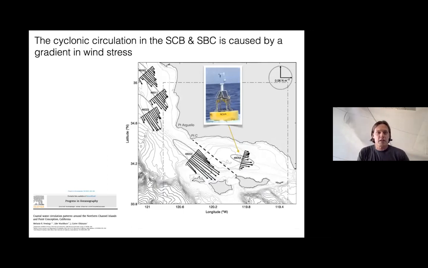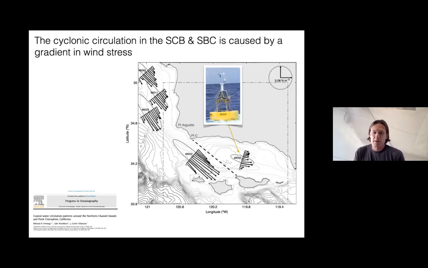We know that this cyclonic circulation in both the Southern California Bight and the Santa Barbara Channel is caused by a gradient in wind stress. This is illustrated in this really beautiful image from Melanie Fewings' paper in 2015, where the points show monthly averages of wind stress from different buoys around the region.